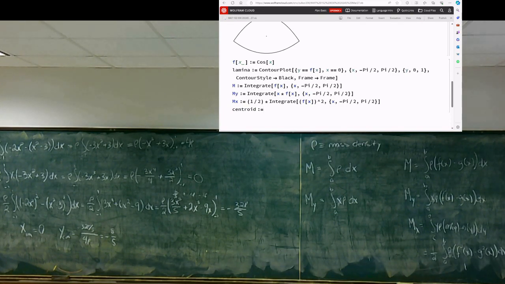Our centroid. Graphics. Point. I'm just going to do it this way. I'm not going to do xcom and ycom. It's my over m, right? Comma, mx over m.